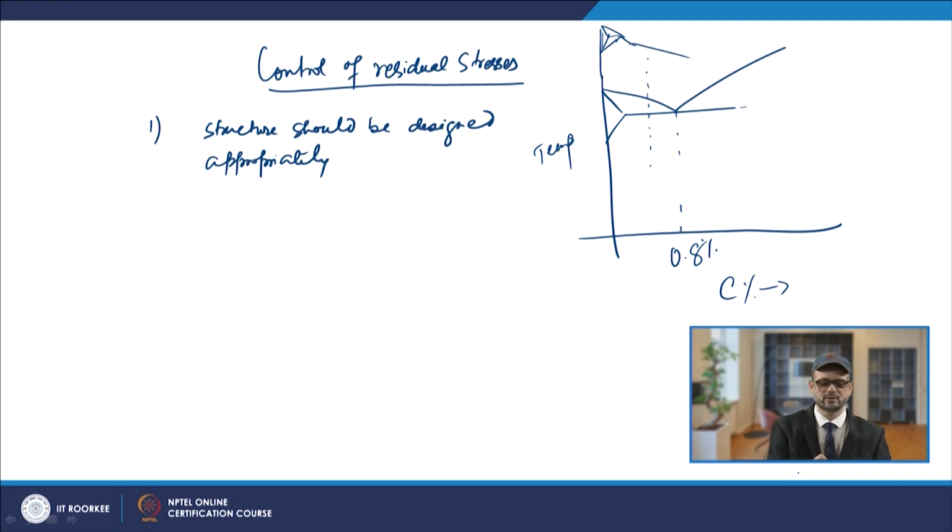Then the second thing we can do, because these are caused by thermal strains, is to reduce the amount of weld metal. If the weld metal is in a large volume, the thermal strain which is generated will be larger.